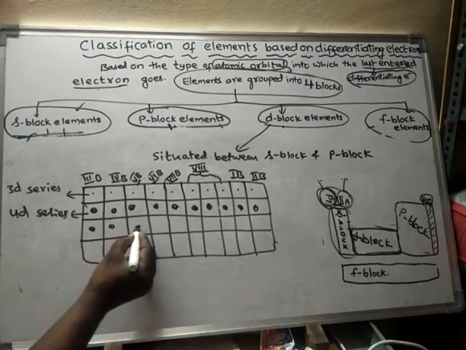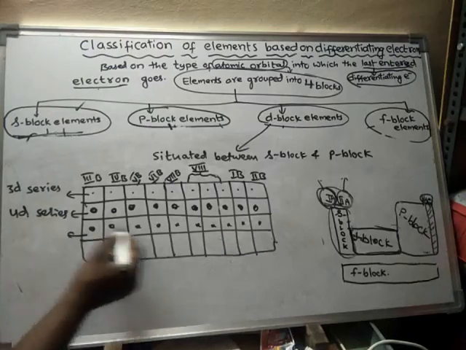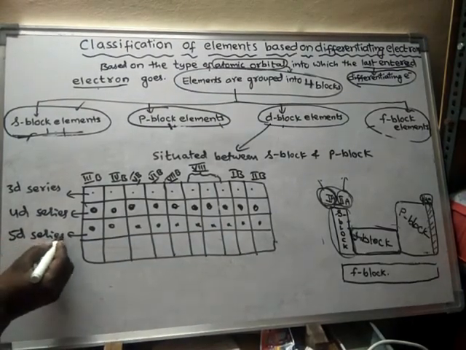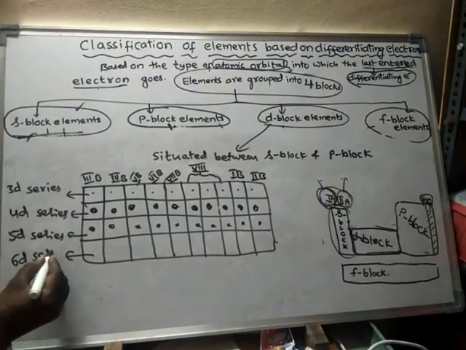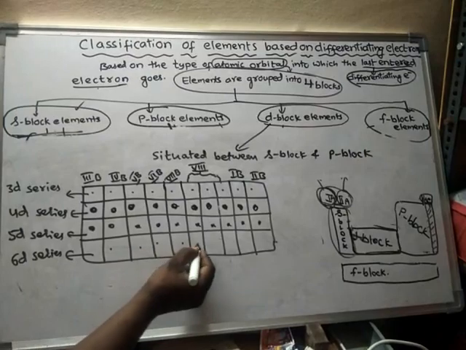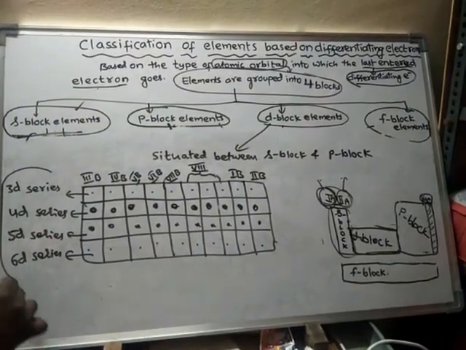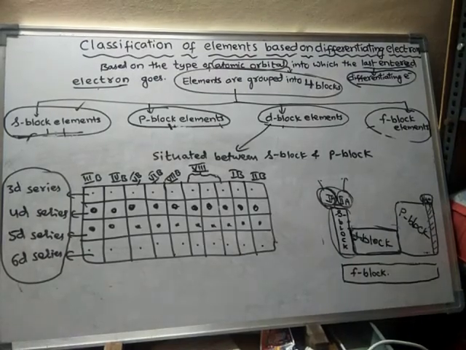Now these are 5D series elements. Again these are also 10 elements. And again here 6D series elements. How many series are present in D block? There are 4 series: 3D series, 4D series, 5D series, and 6D series. Okay, right.